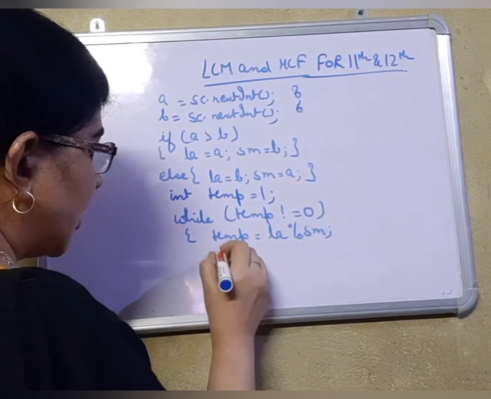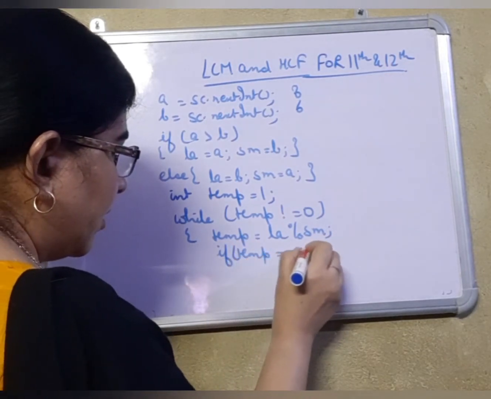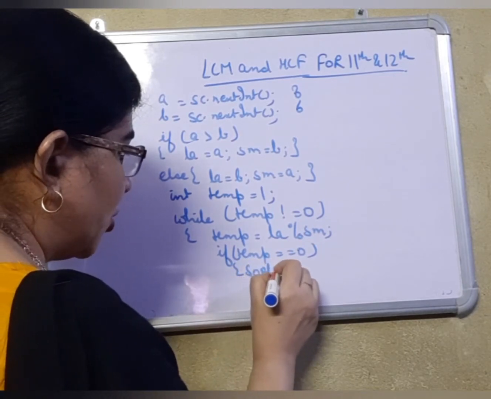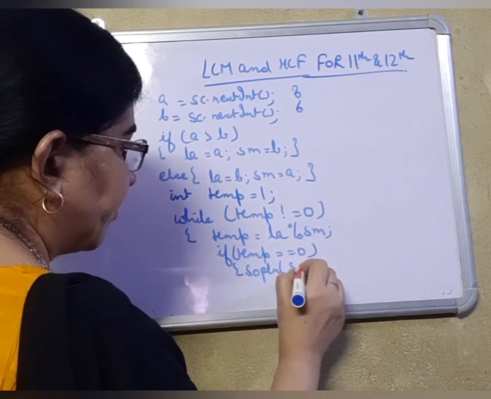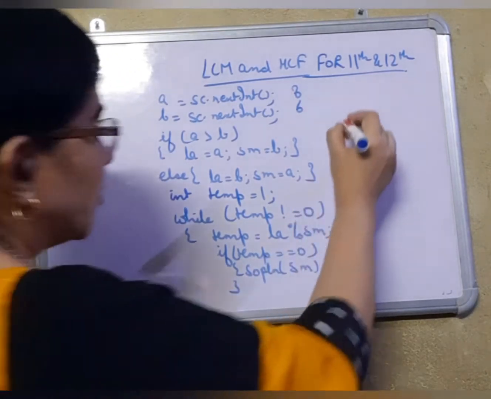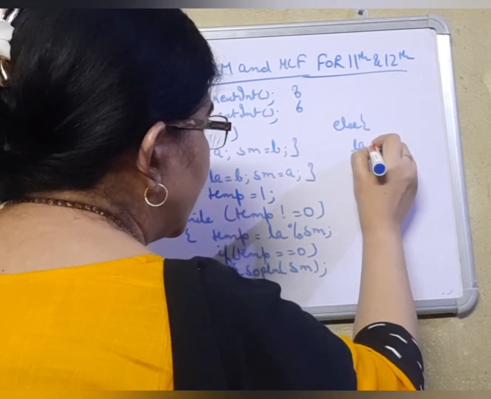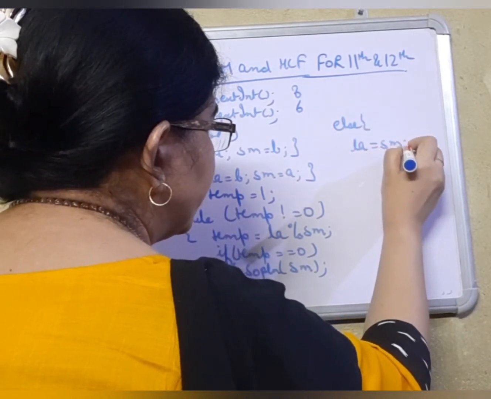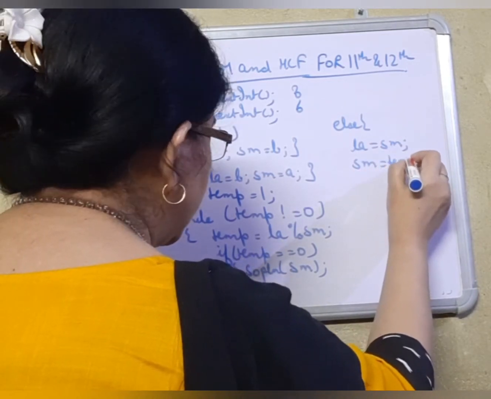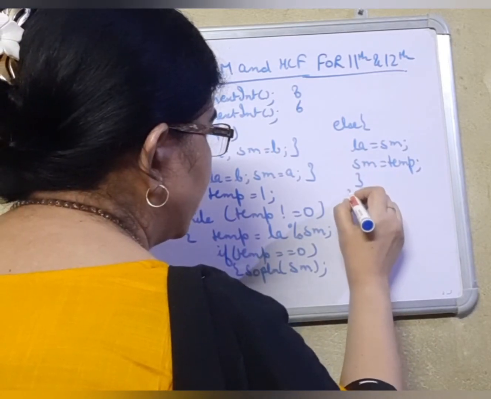And we are going to check if temp has become 0. Then what will be printed? The smallest number will be your HCF. Otherwise, it will go to the else part and it will take the largest number as the smallest number. Smallest number is going to take temp as the smallest number.